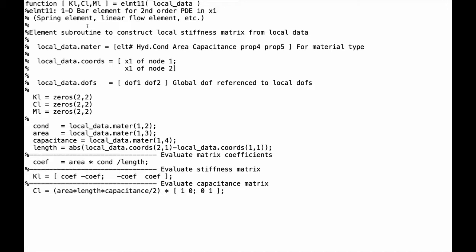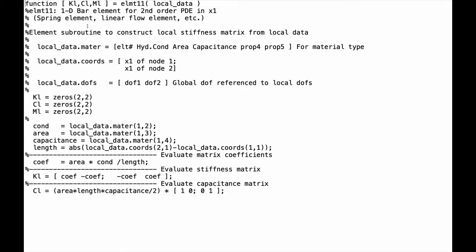This is the matrix that it sends back to the main program once it's figured out what it is. And all it does is it uses the permeability or the conductivity of that material. It uses the cross-sectional area. So an element from two nodes, one to the other, has a cross-sectional area. And it has a capacitance, a storage term if you like.